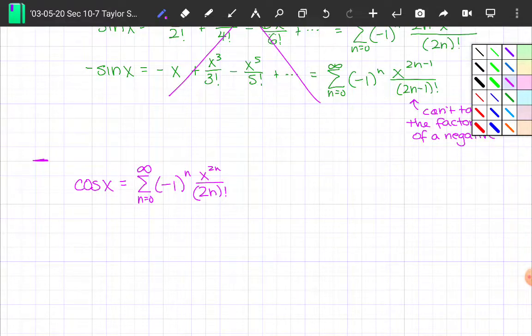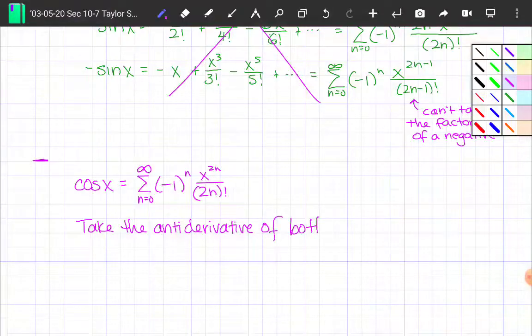Okay, so taking the antiderivative of both sides, let's see what happens. I'm going to make a little note. Take the antiderivative of both sides. Antiderivative of cosine, that's sine.